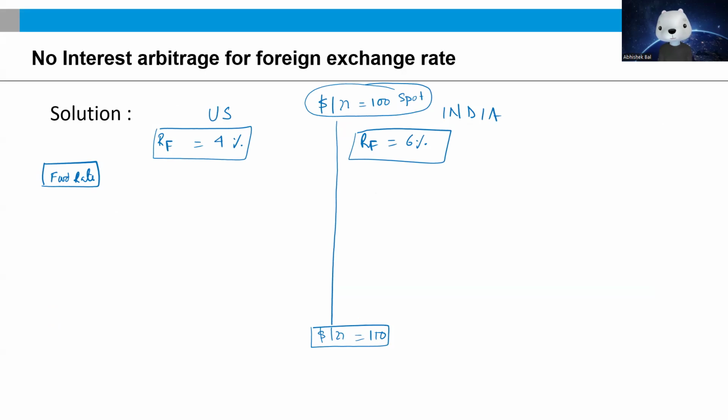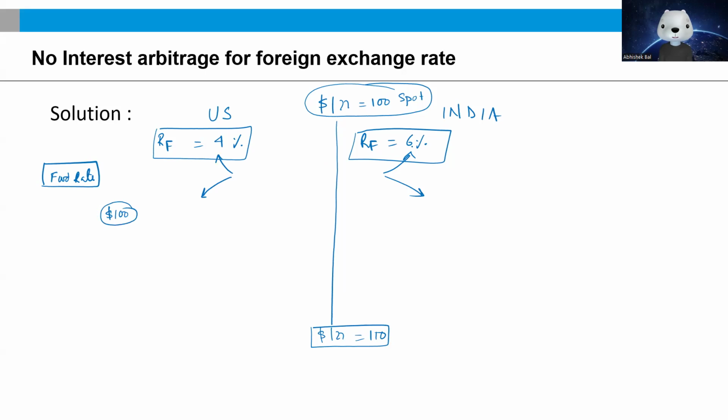All right. So that means I could borrow at 4% here, I could borrow at 6% here, I could invest at 4% here, and I could invest at 6% here. Now we could figure out both the scenarios, and let's see. For example, let's assume that I borrow $100 from the US market.